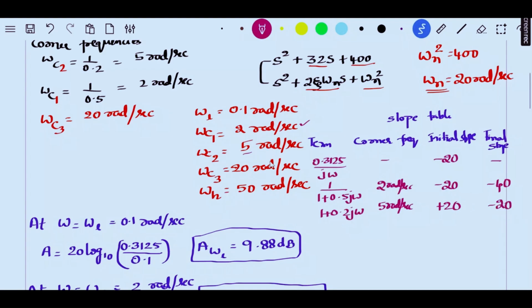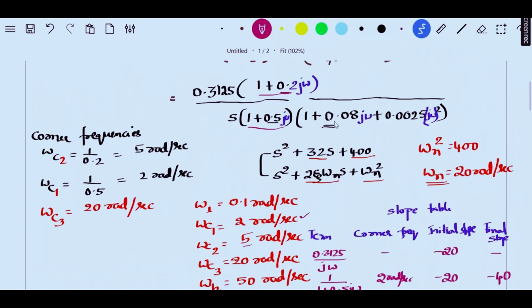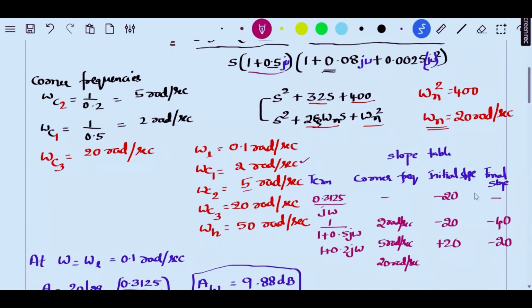Finally, you have omega C3, which is 20 radians per second. This is because of the quadratic term which we have here, which is 1 divided by 1 plus 0.08 j omega plus 0.0025 j omega whole square. This is the term generated at corner frequency 20 radians per second.